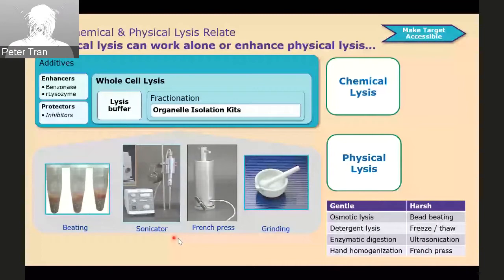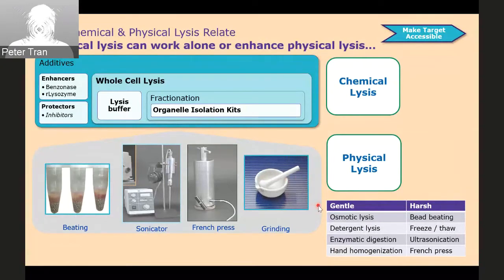And at the same time, if you want to increase the yield, you want to use chemical lysis in conjunction as well. So you need a lysis buffer, or sometimes you need to do fractionation just to isolate the organelle. And some of these methods are gentle and some are harsh.